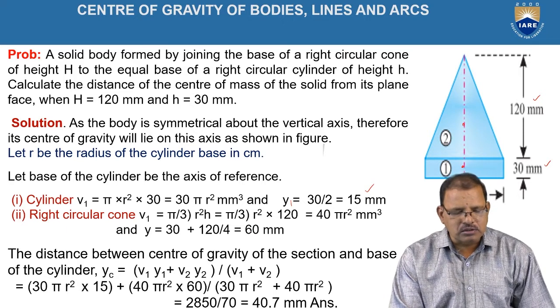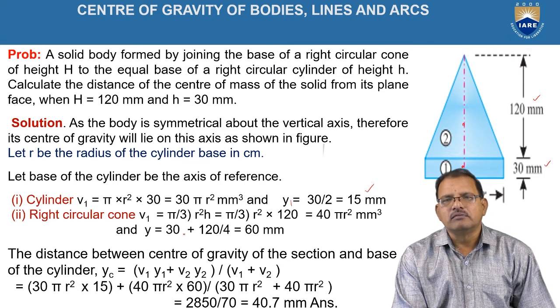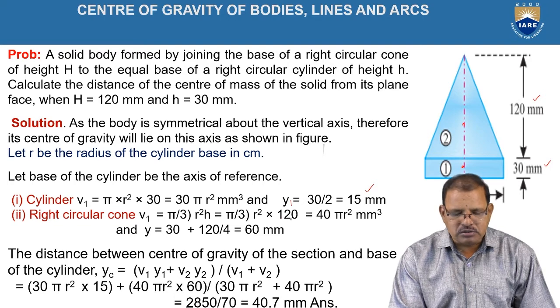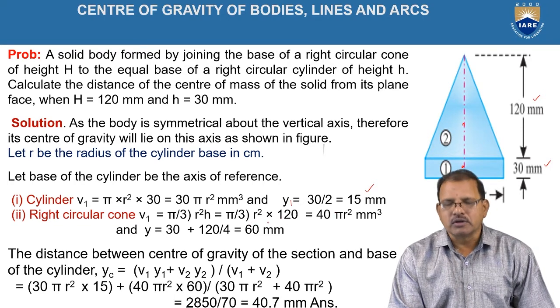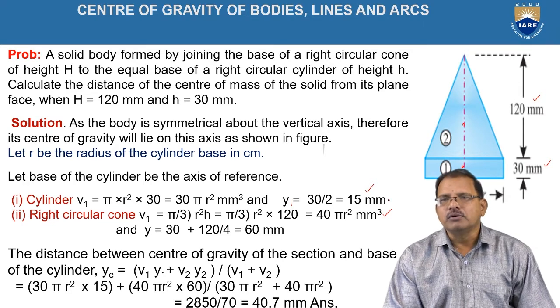For the right circular cone, v2 is equal to 1 by 3 pi r square h, which is equal to pi by 3 r square into 120 mm, that is 40 pi r square mm cube.